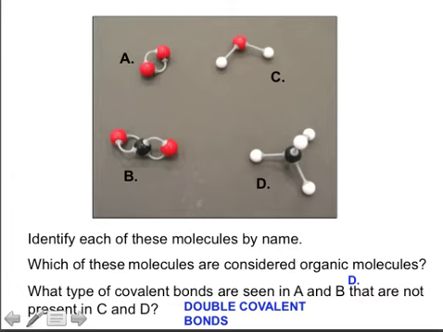Now, before we move on to the rest of the presentation, I want to talk a little bit about why carbon is so critical as a basis for generating the molecules that we think of as vital to living systems. There's one major reason that carbon is the basis of most molecules that we think of as vital to life processes, and that's its ability to form long chains and to form rings with itself.